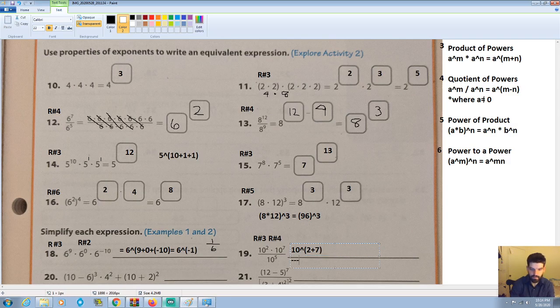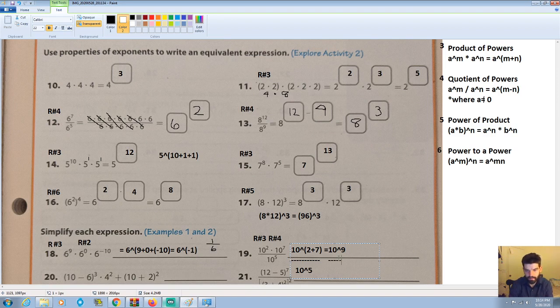And that's going to still be over 10 to the 5th. And I'll erase this in just a second, but just so you can see it. This is going to be equal to 10 to the 9th over 10 to the 5th.